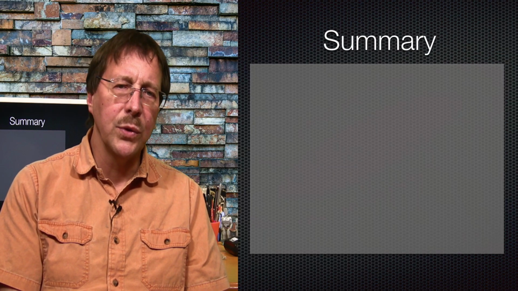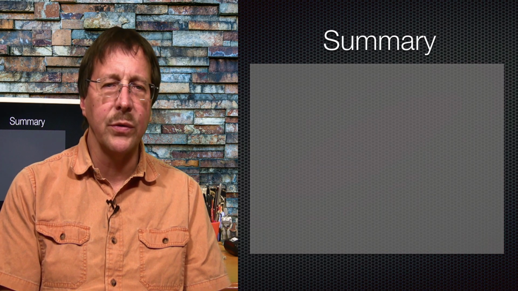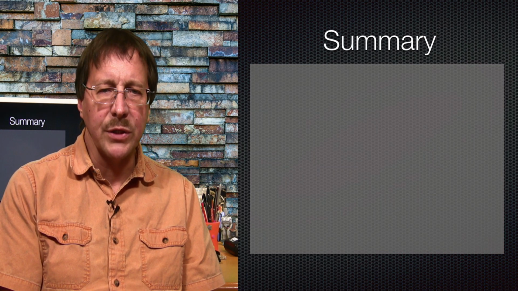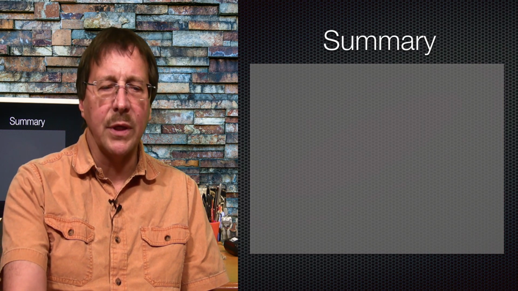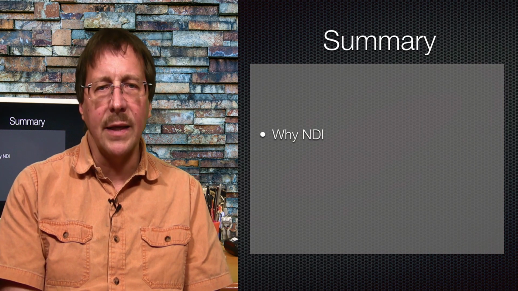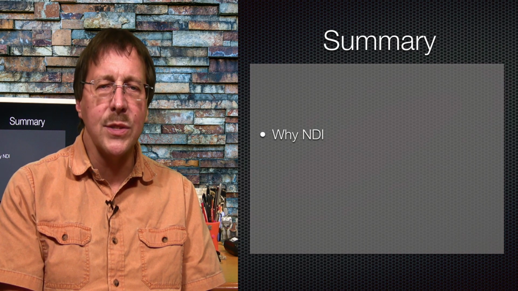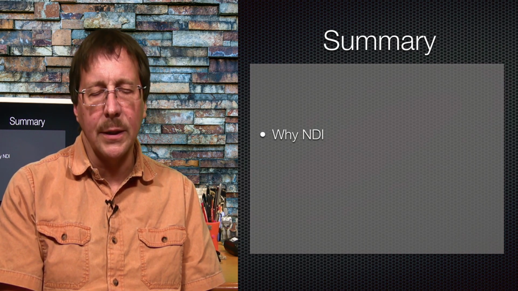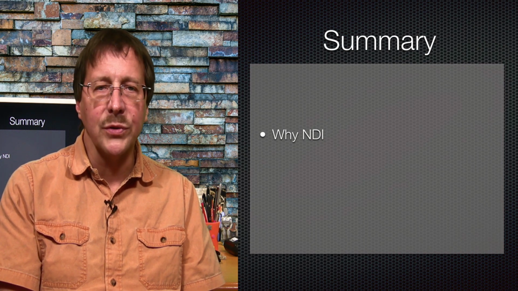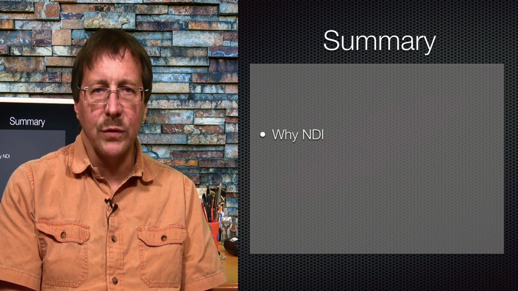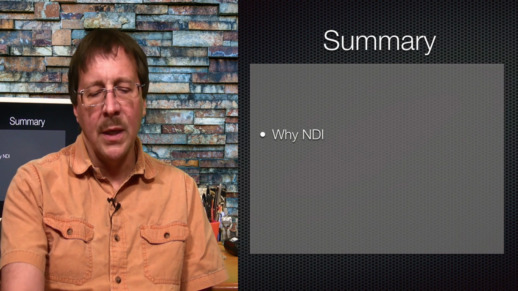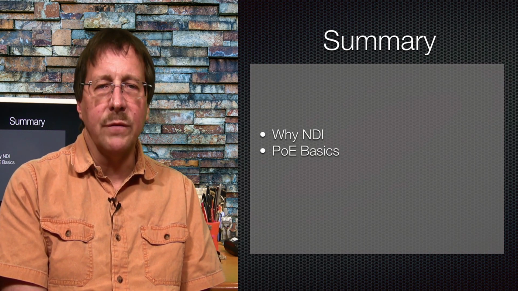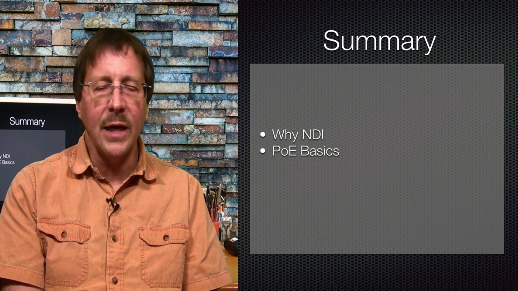All right, we're going to try to keep our sessions between about 30 and 45 minutes, so that's where we're going to break for this particular session. Some of the things that we covered today: we looked at NDI, what it is, where it's come from, and how it fits into the whole spectrum of other protocols. Why is it important for our video production? Then we looked at some issues with PoE, the difference between 802.3af and at.